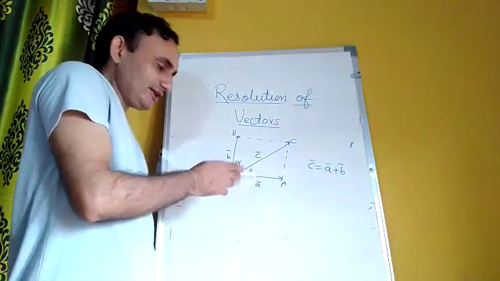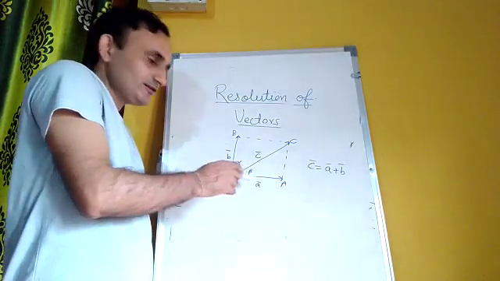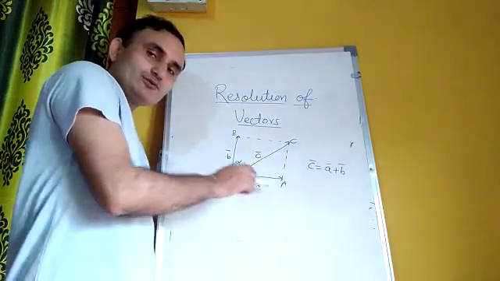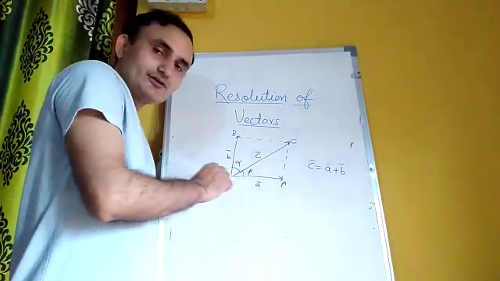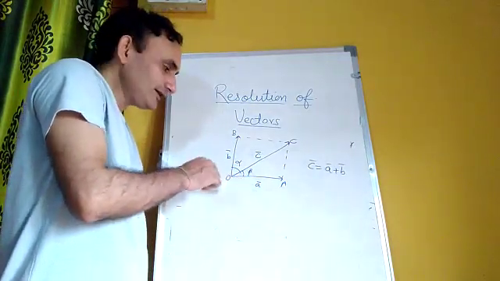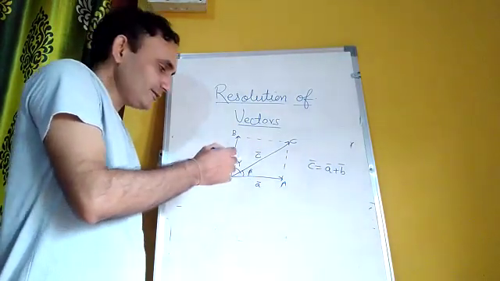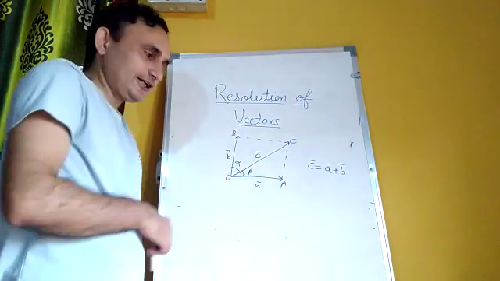If we can represent two vectors in direction and magnitude by the two sides of a parallelogram, then their sum is the diagonal through that vertex.